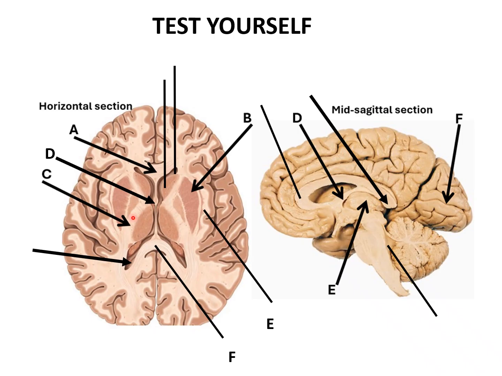Basically, here is a horizontal section, and here is a sagittal section showing the various types of brain fibers, which could be commissural, projection, or association fibers.